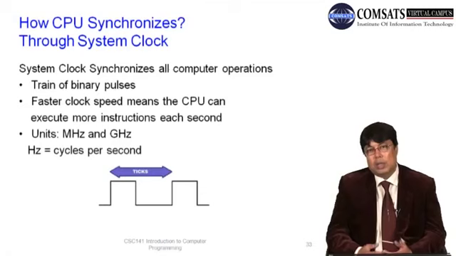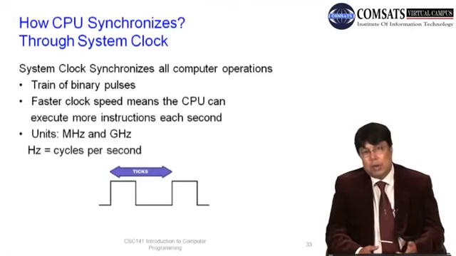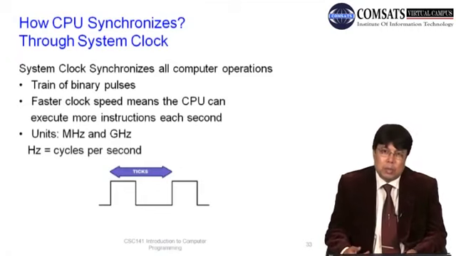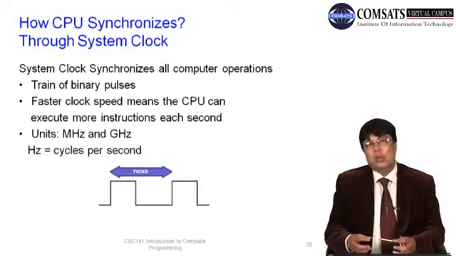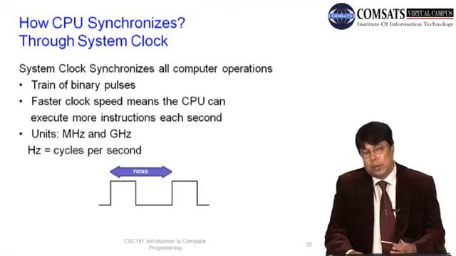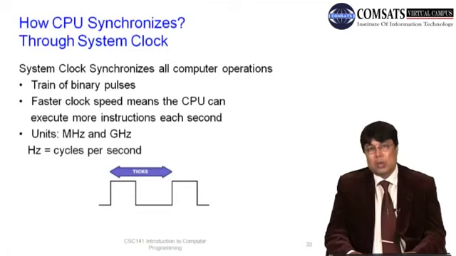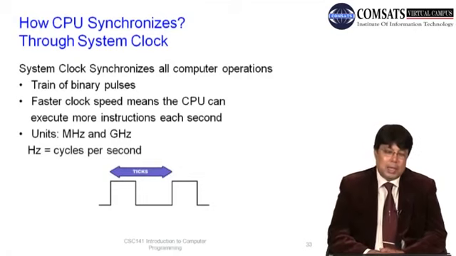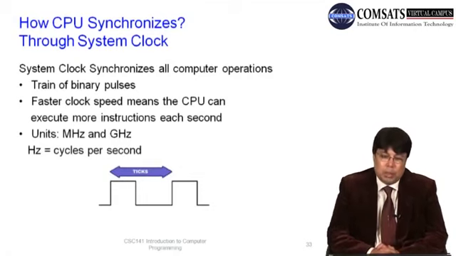It needs to synchronize with the input device, whether the input device has sent the data, and whether the sent data has been properly received by the memory of the computer. So you need to synchronize the memory of the computer with the input device. In order to synchronize, you need some mechanism. That mechanism is basically the clock of the computer.